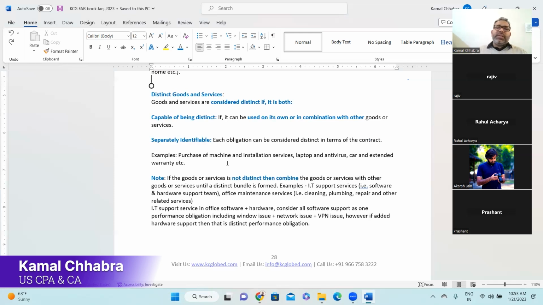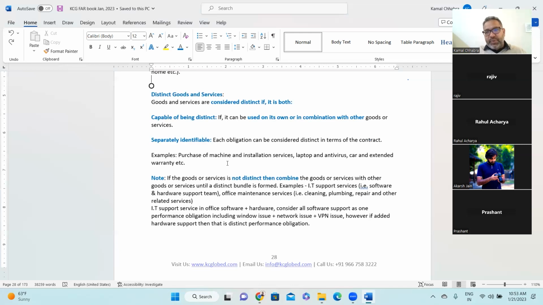Second, separately identifiable. Each obligation can be considered distinct in terms of the contract if it is separately identifiable. That means each tire you can separately identify, right?